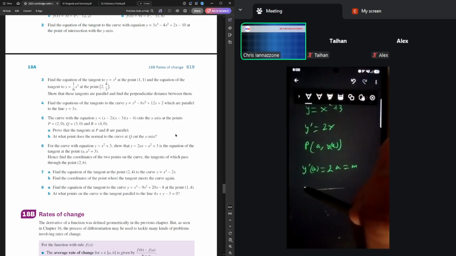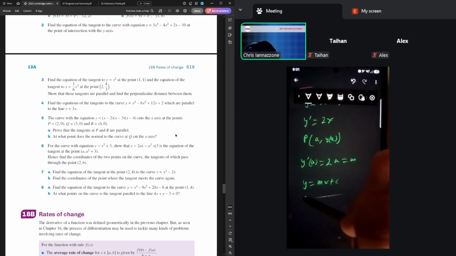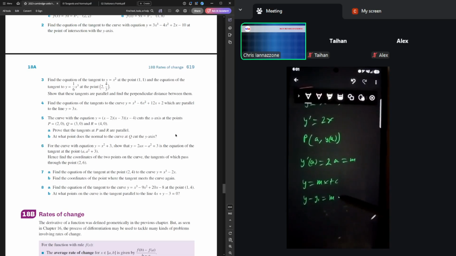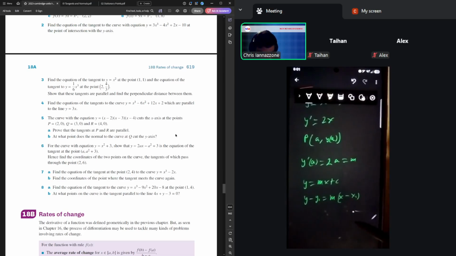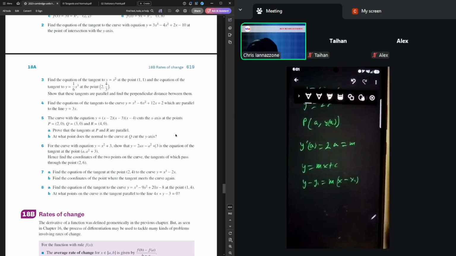So you can do y equals mx plus c if you want, and that's just a bit of a solve, or you can do y take y1 equals m times x take x1. That way all you're doing is plugging in the y coordinate, the x coordinate, and the gradient, and then just doing a bit of rearranging. It's pure personal preference at that point. My personal preference is the gradient point formula, so we're just going to do that.